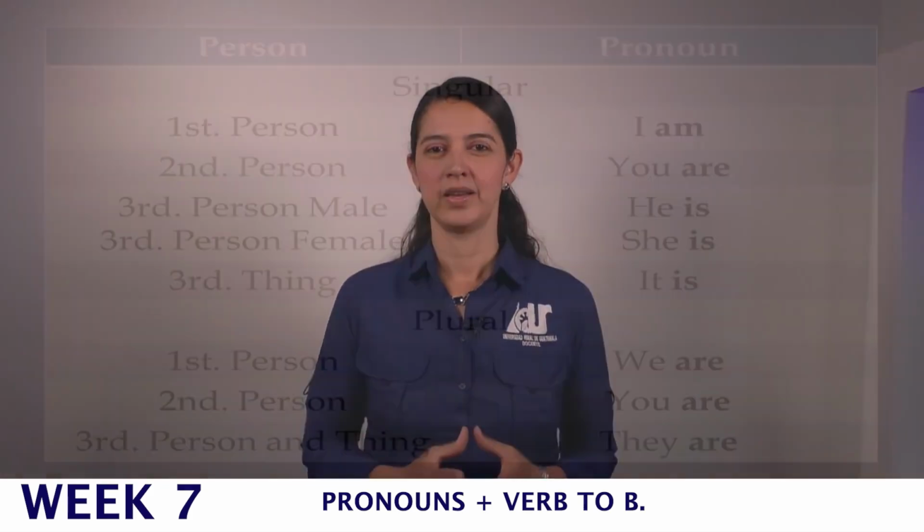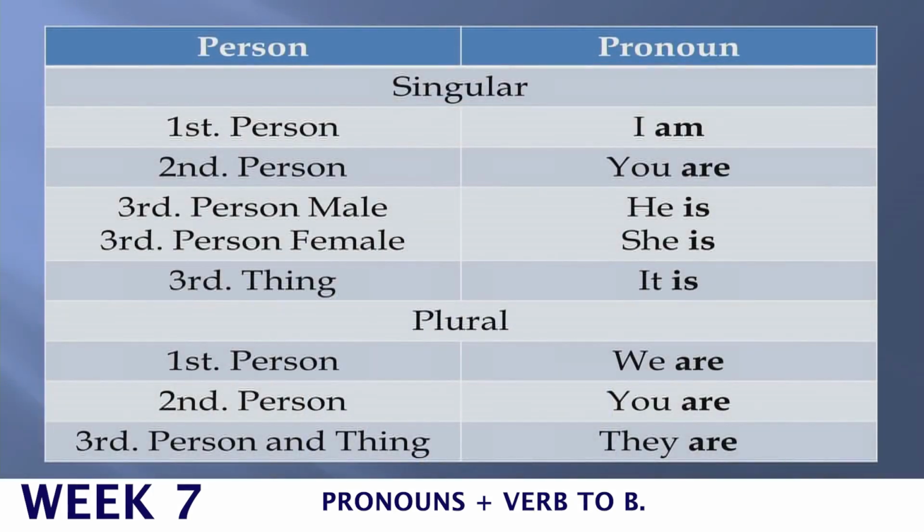Now we're going to combine the verb to be with the pronouns that we saw previously. We're going to see it in the singular and the plural form. For the first person, we would use I am. For the second person, you are. For the third person, male, he is.